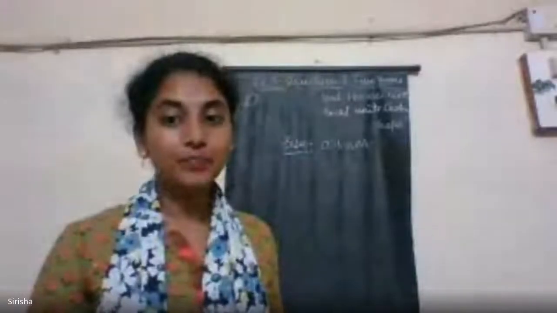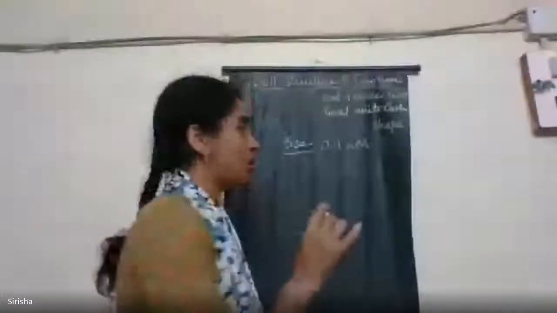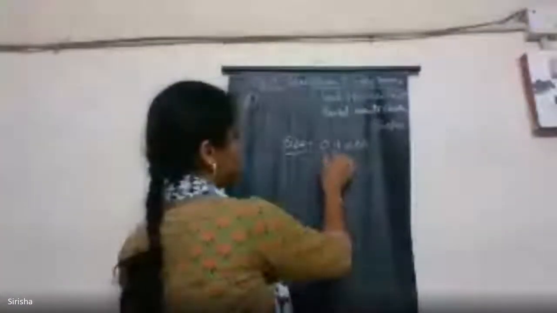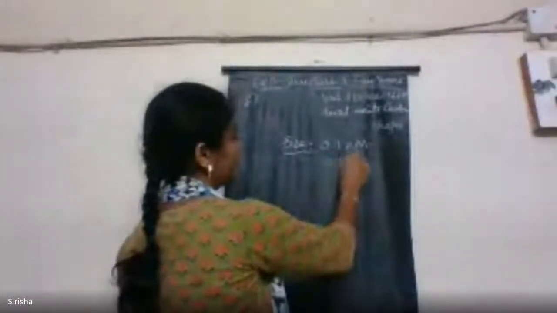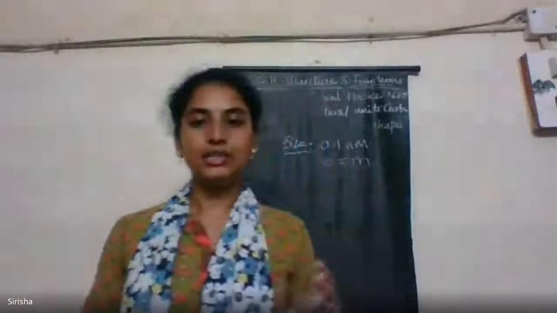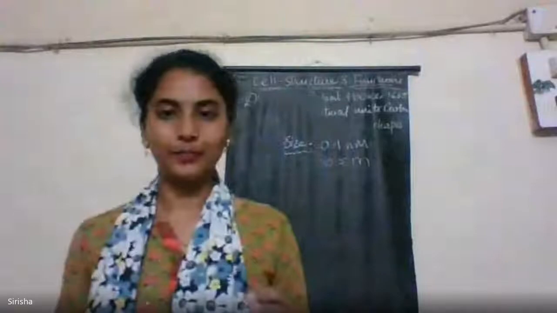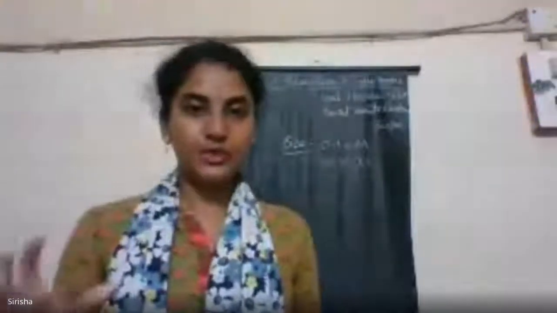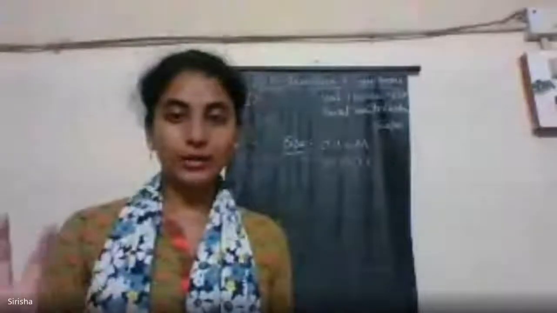Whereas the largest cell is the egg of an ostrich, around 0.75 meters, which is very large, and that too is a single cell. An ostrich egg is also a single cell, just like a hen's egg. So this is regarding the size variation. The smallest size is present in bacteria, whereas the largest cell is the ostrich's egg. This is regarding the size, shape, and the discovery of cells.